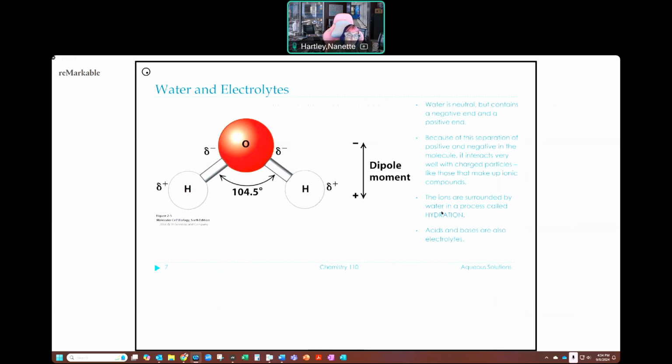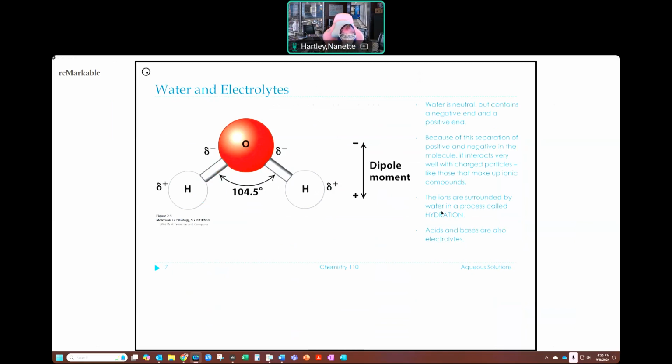And of course, the fact that it happens sort of at this end and sort of at this end, and then we've got some squishing of the angles because of that. So it's a partial charge and a dipole moment because of it means that we have some interesting properties. So water is neutral, but it contains a negative end and a positive end. Because of the separation of the charge, it interacts with other charges.